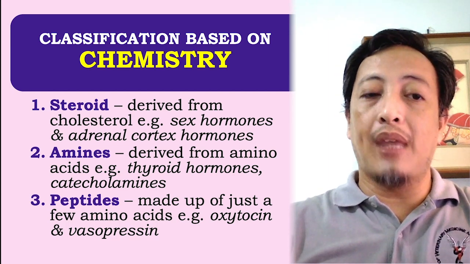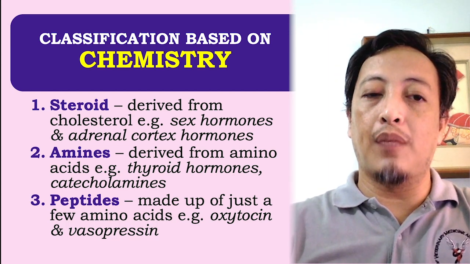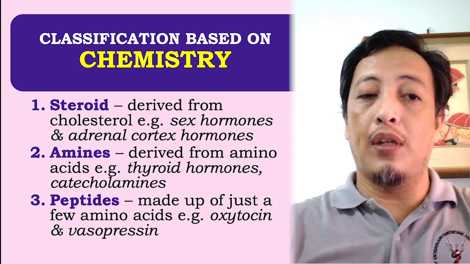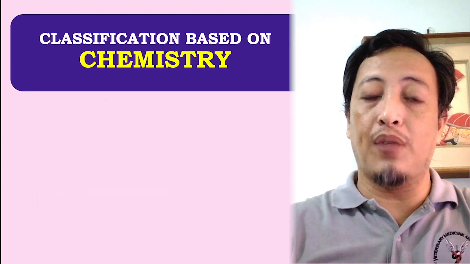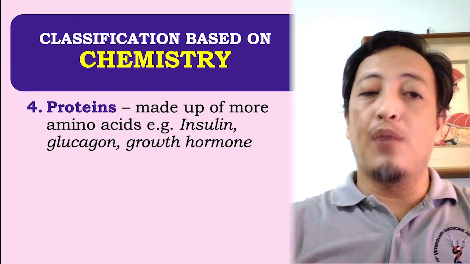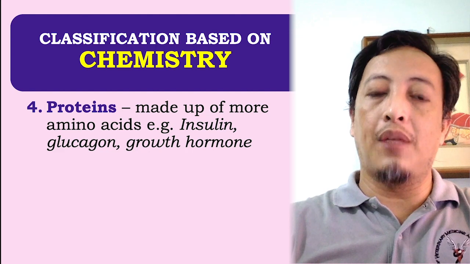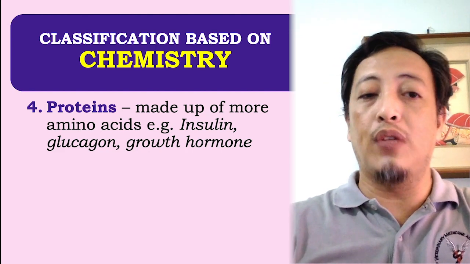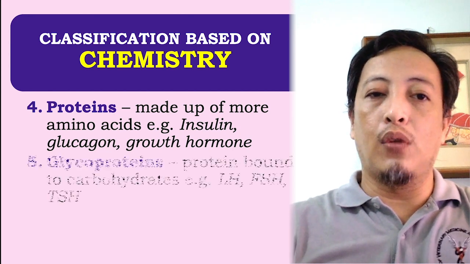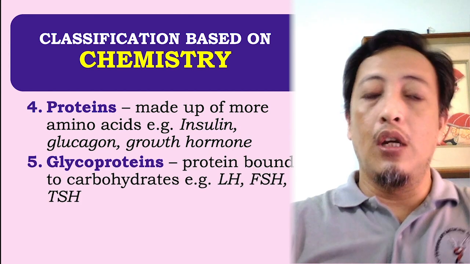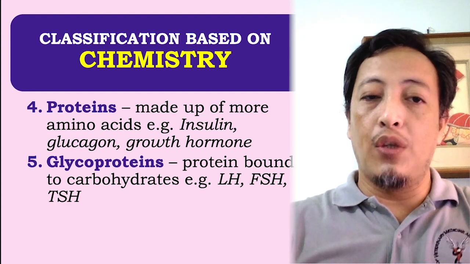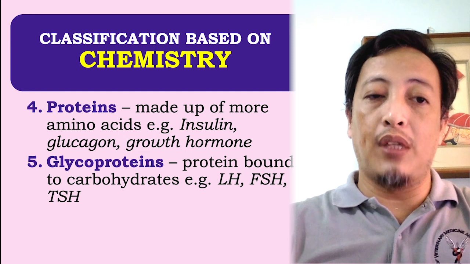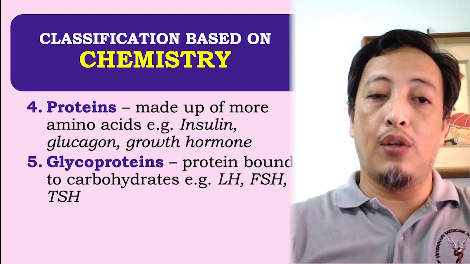Then we have peptide hormones, which are made up of just a few amino acids in contrast to protein hormones. An example ng peptide hormones would be oxytocin and vasopressin. Then we have protein hormones. So these are made up of more amino acids as compared to peptide hormones. Examples nito would be insulin, glucagon, and growth hormone. Okay, so we also have glycoproteins, which include the luteinizing hormone, the follicle stimulating hormone, and the thyroid stimulating hormone.